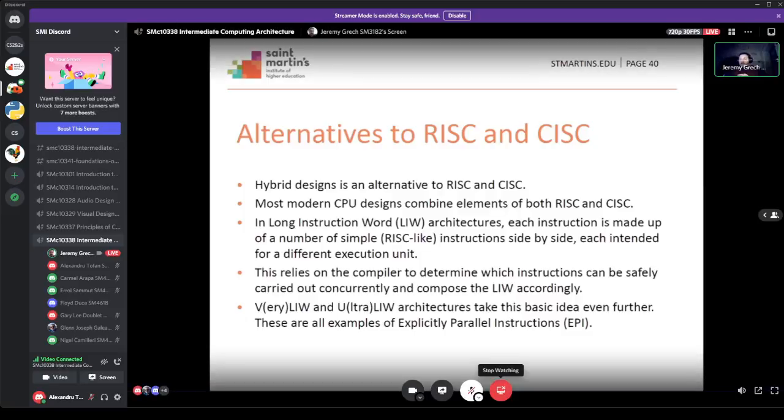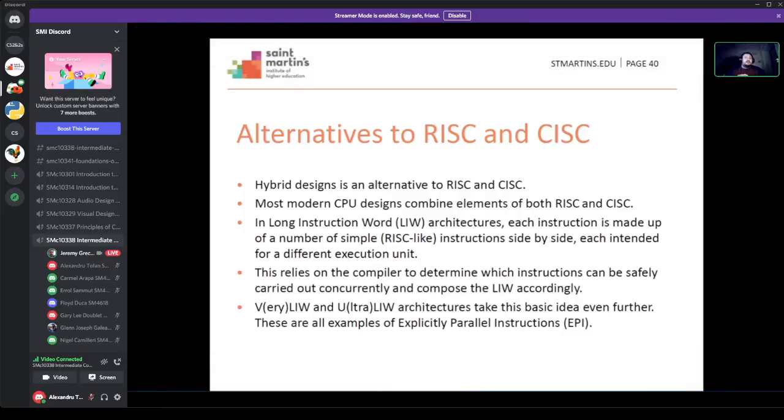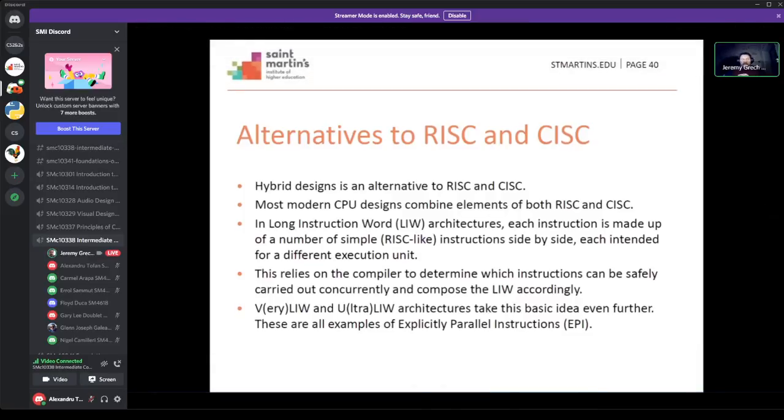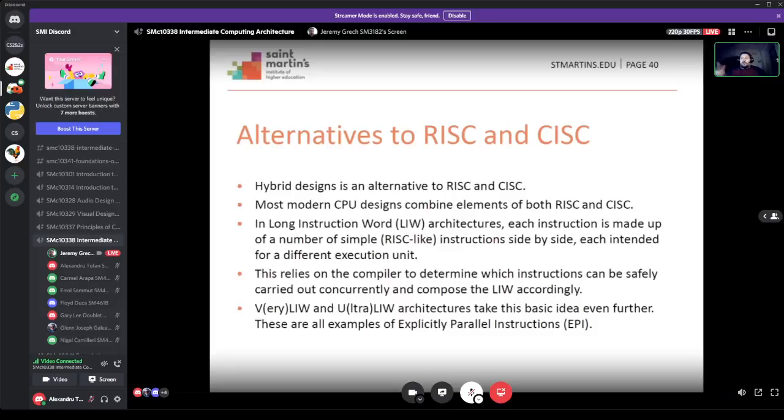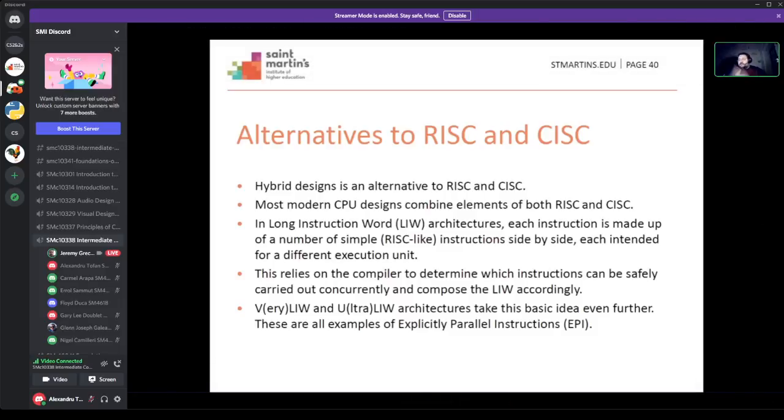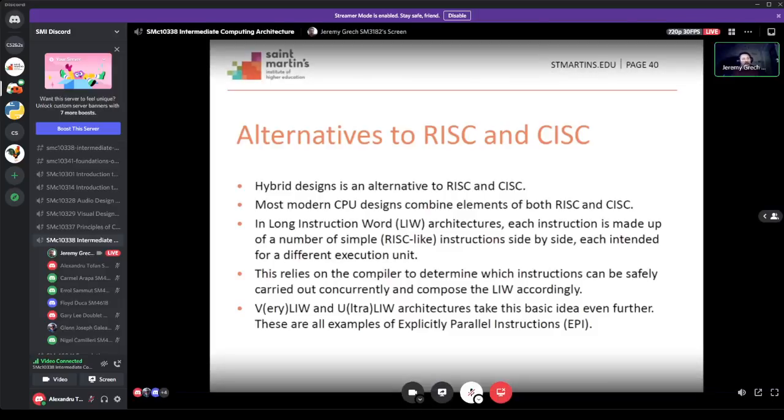If you're using a mobile phone, you have a different instruction set altogether.